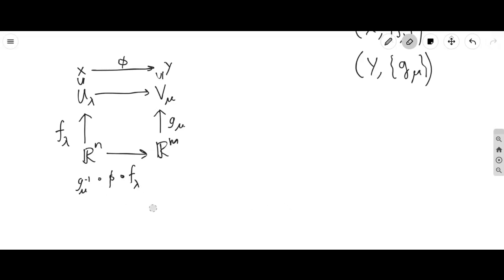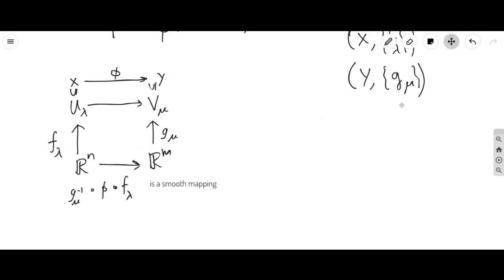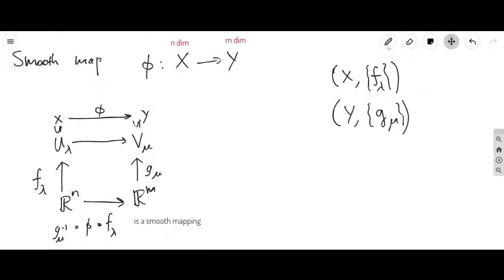And then there's nothing to check. But in general, that's what it would mean to be smooth, that this would be a smooth mapping in the ordinary Euclidean sense. So that's what it means to be a smooth map between two manifolds.